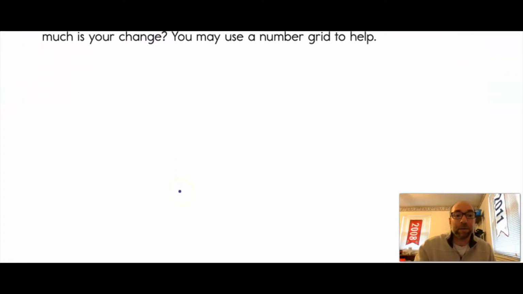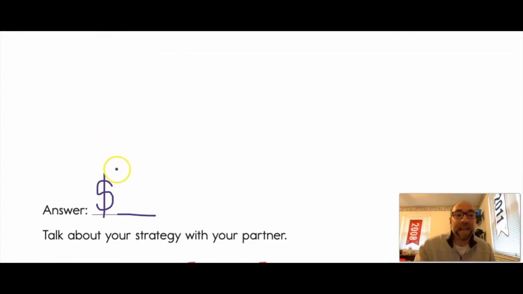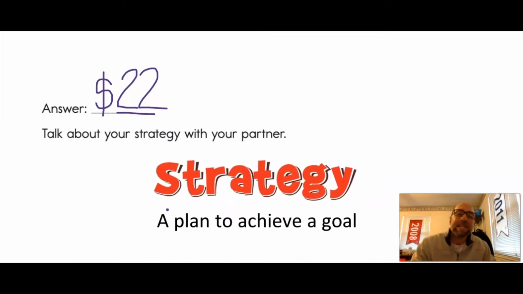All right, second grade. Did you get an answer of $22? Because that is the correct answer. Now let's take a look. It talks at the bottom about talking about your strategy with your partner. We are actually going to use many different strategies to solve this problem.